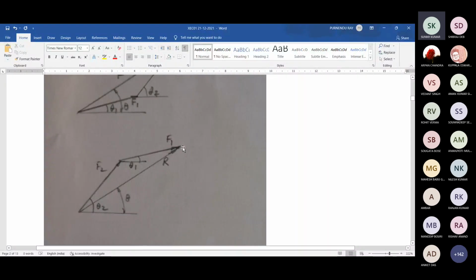There may be infinite solution, but how to get one unique solution or one particular? We need this angle. Yes, sir. Angle.